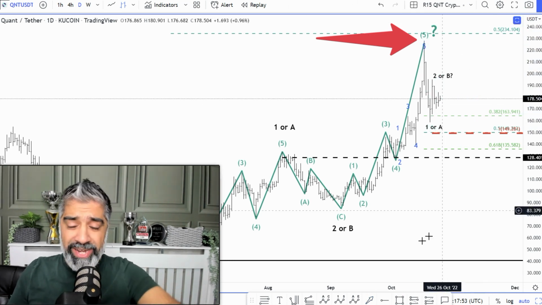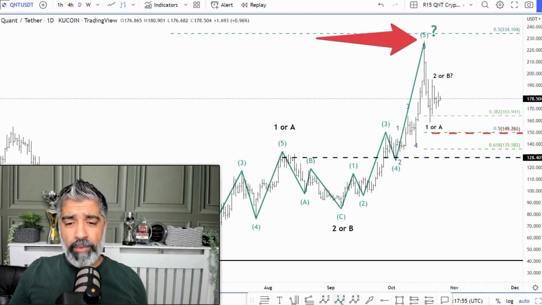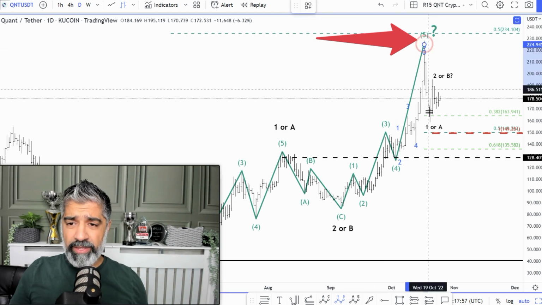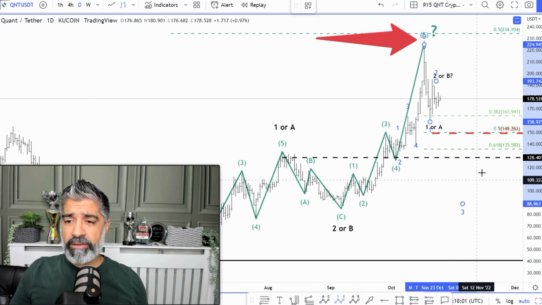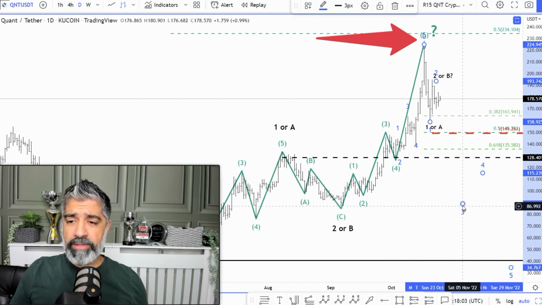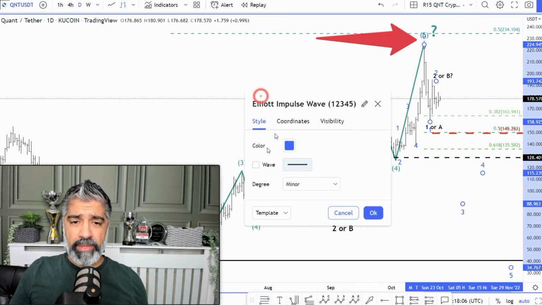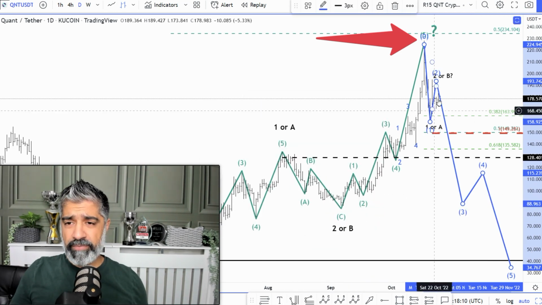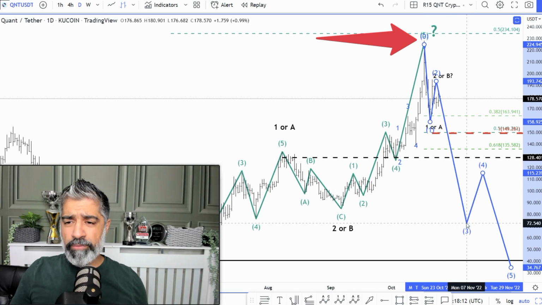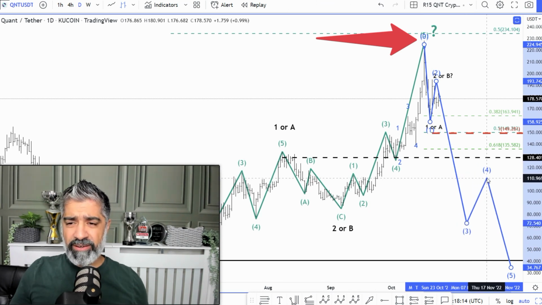But if we do break that $130 level, we're more than likely going to see something along the lines of this: 1, 2, 3, 4, 5. We're probably going to see the market move more like this. Hopefully that makes sense, right?